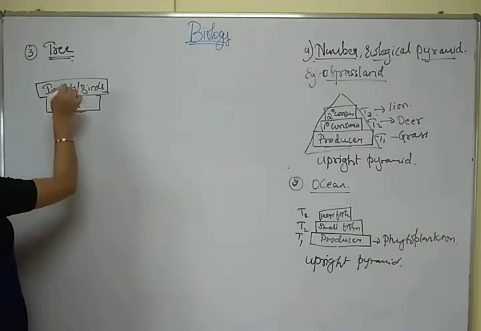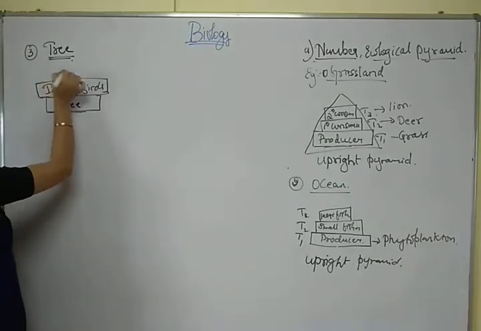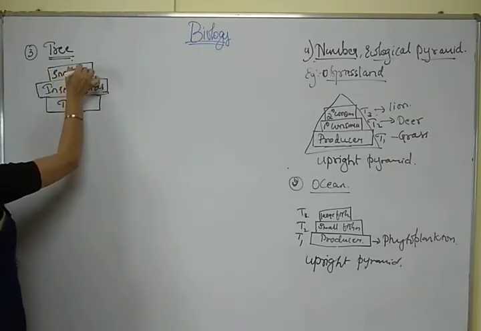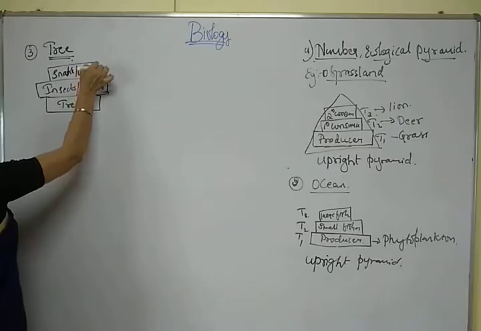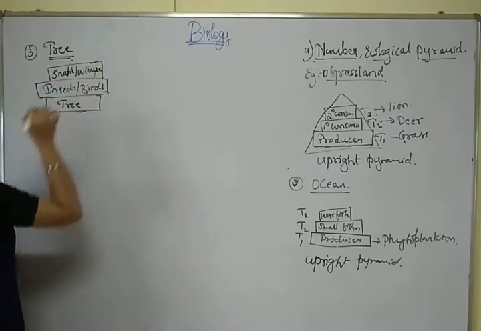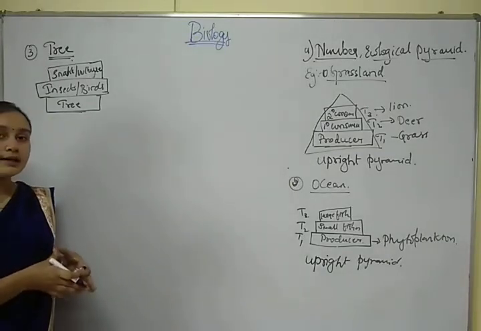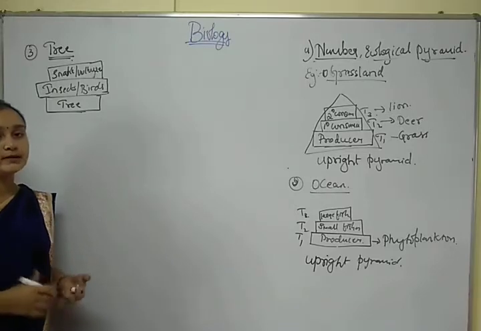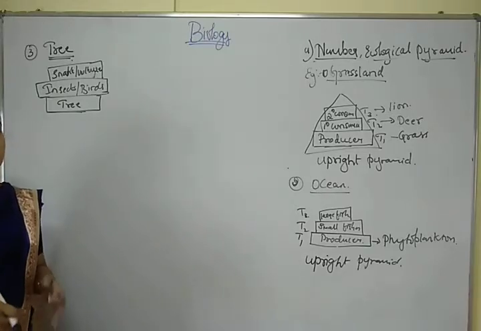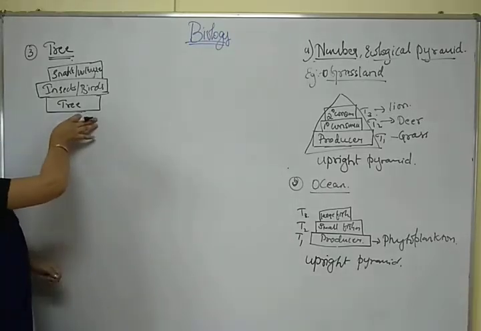Next, on the same tree there will be some snakes or vultures. When we take the count of the snakes or vultures, the number will be less, like 1 or 2, almost similar to the tree.